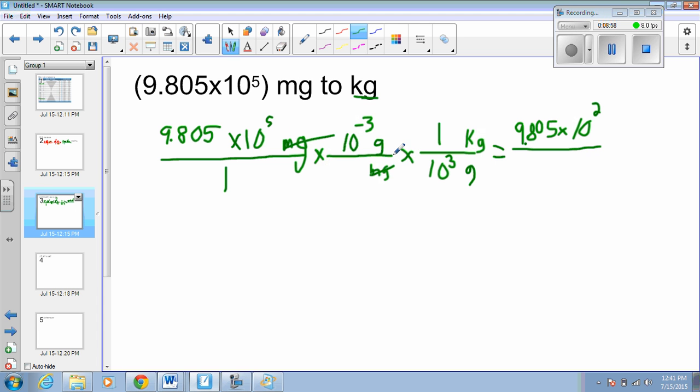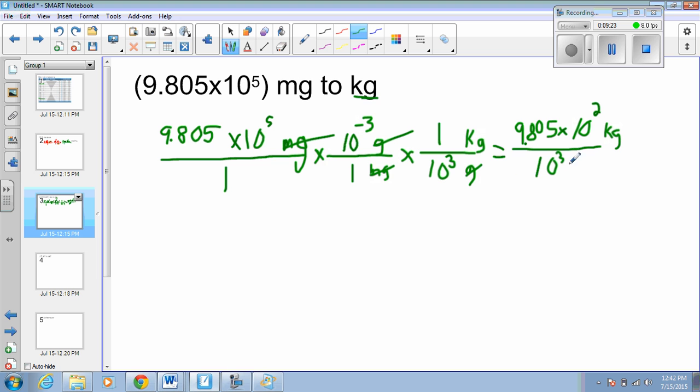Milligrams is canceling out, grams is canceling out. The unit I'm left with is kilograms up top. Multiply the bottoms: 1 times 1 times 10 to the third gives me 10 to the third on the bottom. There are no units on the bottom left over, so the only unit I have is kilograms.